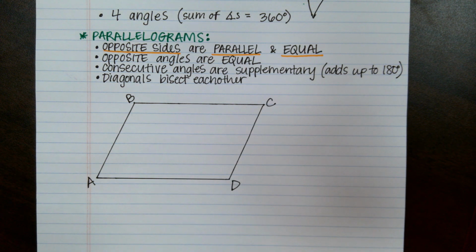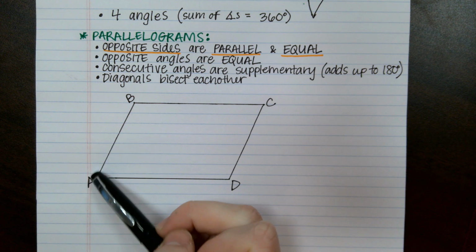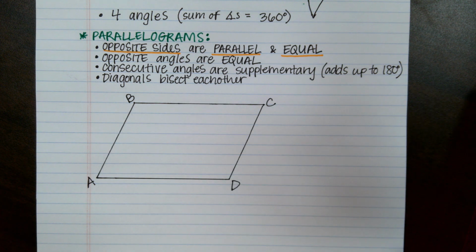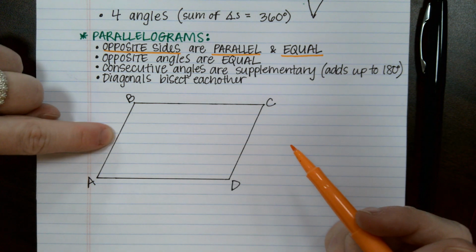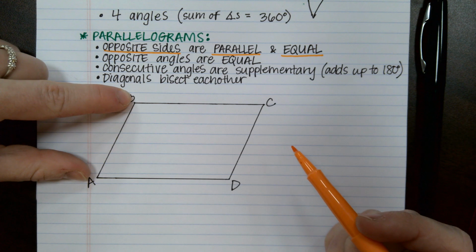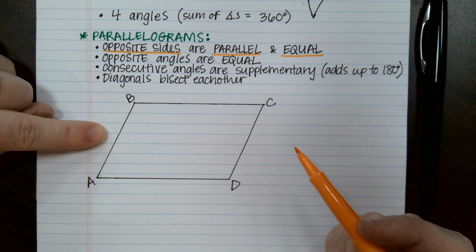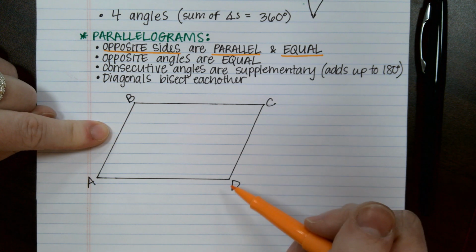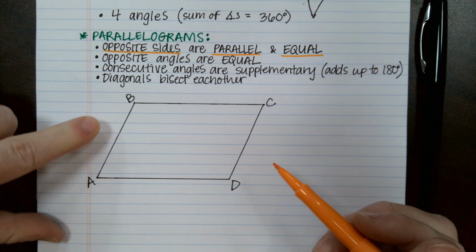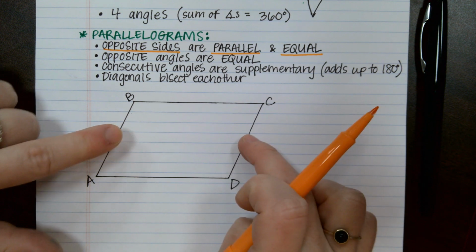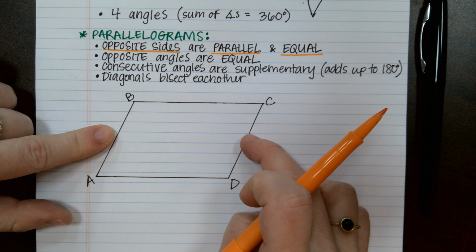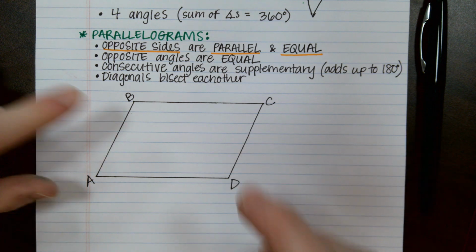So let's start with the side that we have labeled AB. Which side is AB parallel to? DC. Yeah, DC. Perfect. So how can we show that these lines are parallel? A mark on it, like a little dash.